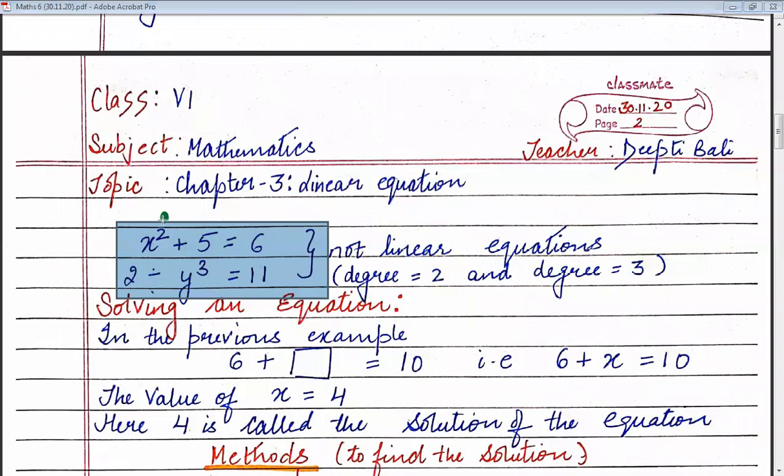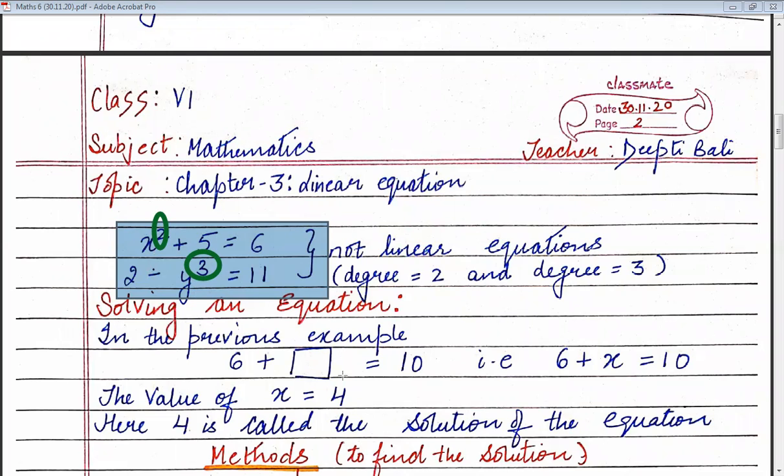In the first one, what is the power of the variable? It's 2. Now in the second equation, what is the power of the variable? That is 3. So this is not a linear equation. In a linear equation, your variable power is always 1.